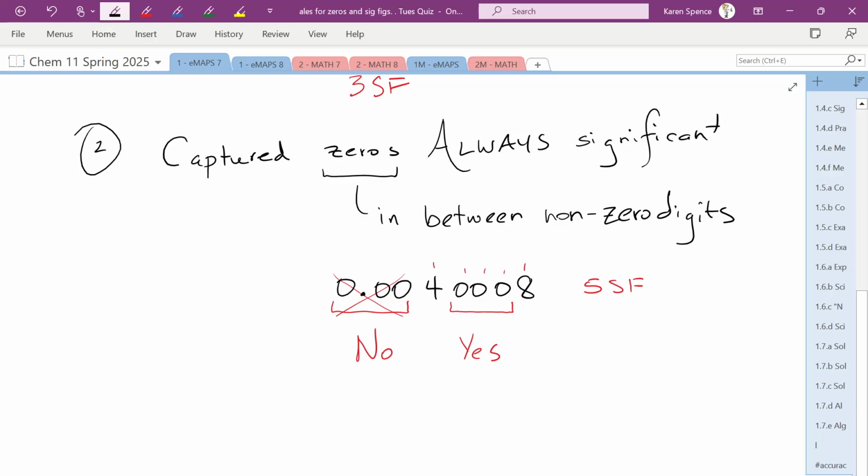And then finally, our last rule for zeros is our trailing zeros.